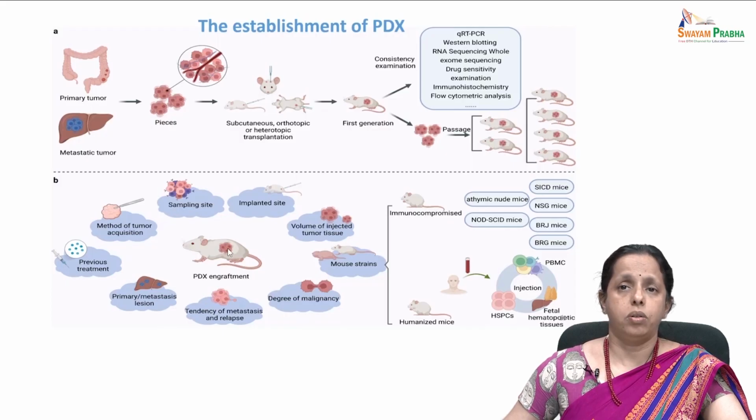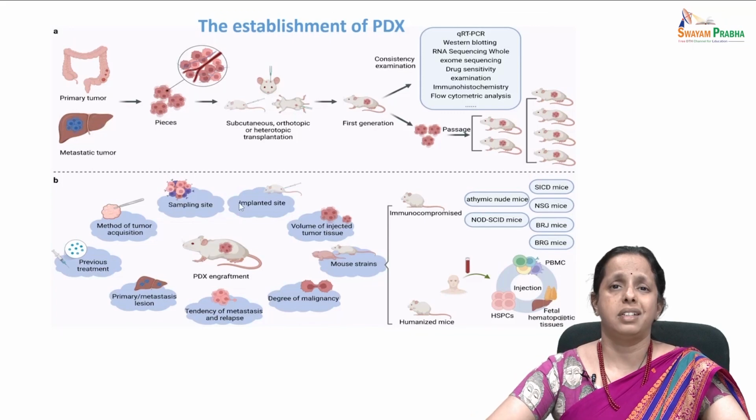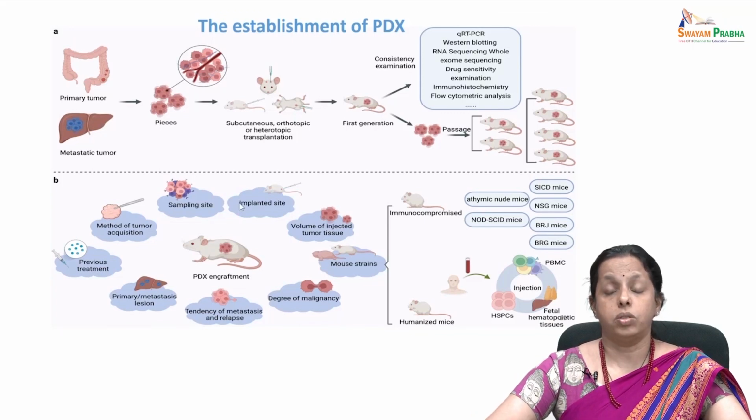As I mentioned before, the primary tumors are cut into small pieces and transplanted with maintained tissue structures. They can be administered subcutaneously, or by orthotopic or heterotopic transplantation. Different tumor types take different durations to establish PDX, ranging from a few days to 6 months.